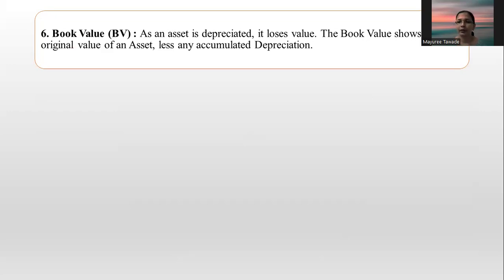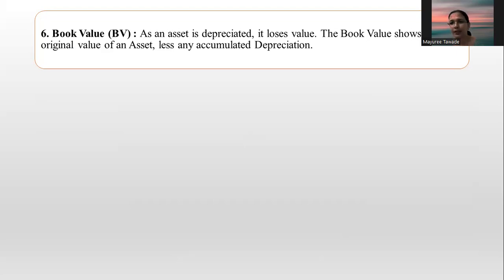So what is the book value now? For an example, the cost of the building is 1 crore, and it is going to remain 1 crore in my books till I sell it. No, I need to depreciate the value of the building as per the utilization.